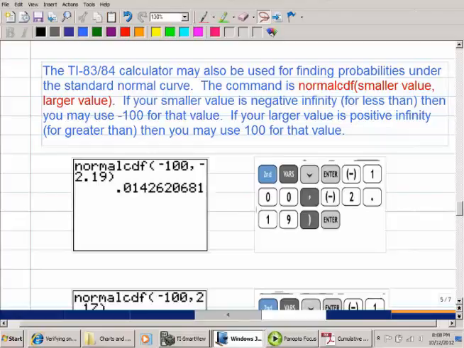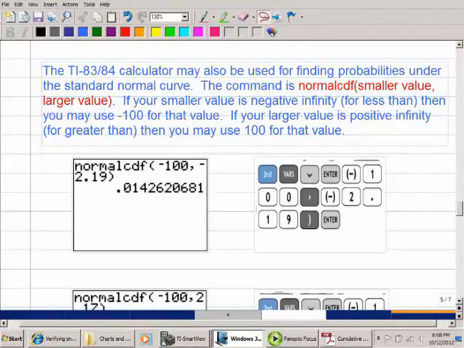So a z-value of negative 100 is way far out there. This graph never actually touches the x-axis, but it gets so infinitely close it might as well touch it. I think negative 10 would even get the job done. If you wanted to use negative 10, that's probably sufficient. But I use negative 100.